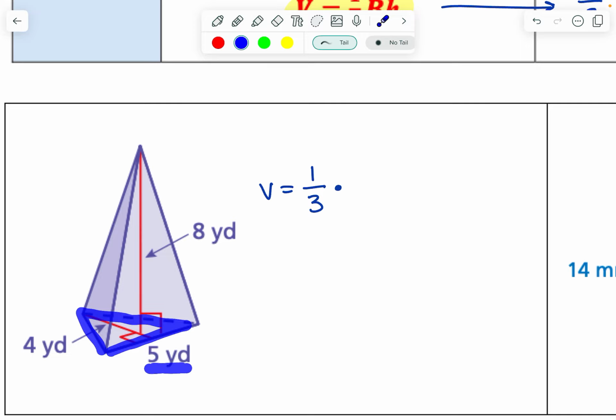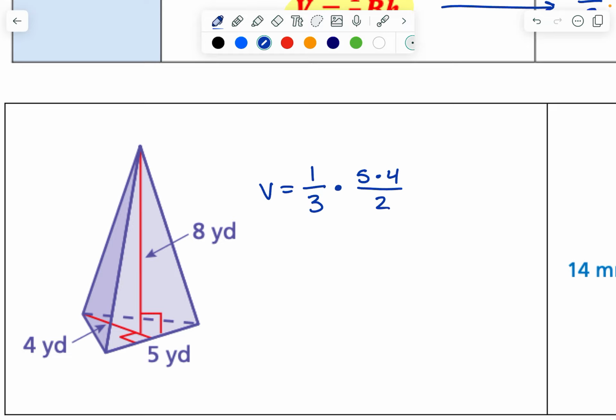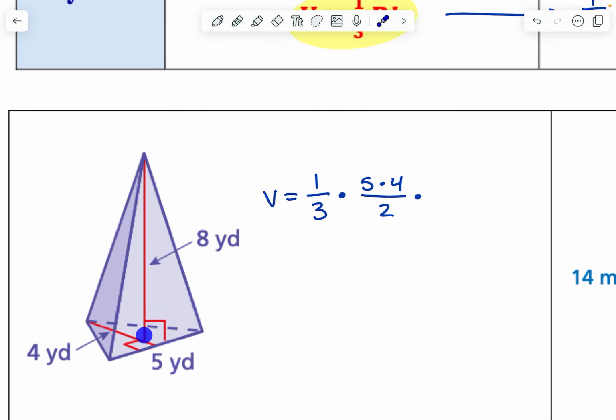Base is 5, height is 4. 5 times 4 divided by 2 times the height of the pyramid, from the base, perpendicular, all the way up to the vertex. That is our height. And the height of this pyramid is 8.